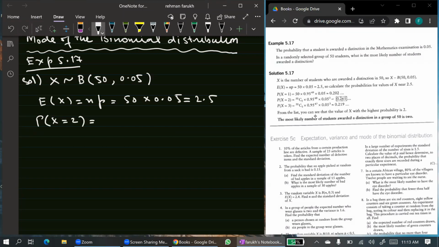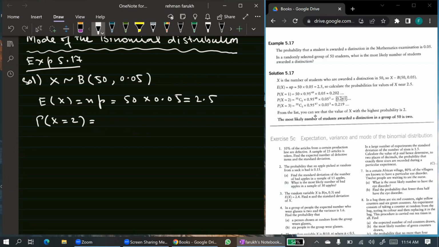Suppose that the mean is 7.8, then we would check the values x equal to 7 and x equal to 8. In this question, the mean is 2.5 and the mode is close to 2.5, so we will check x equal to 2.